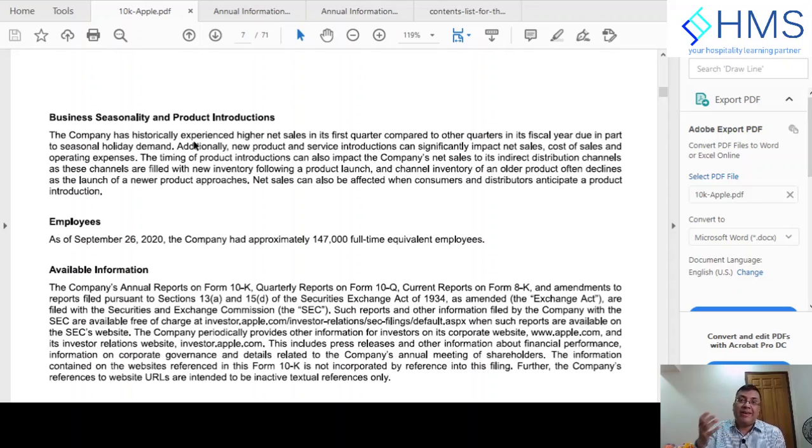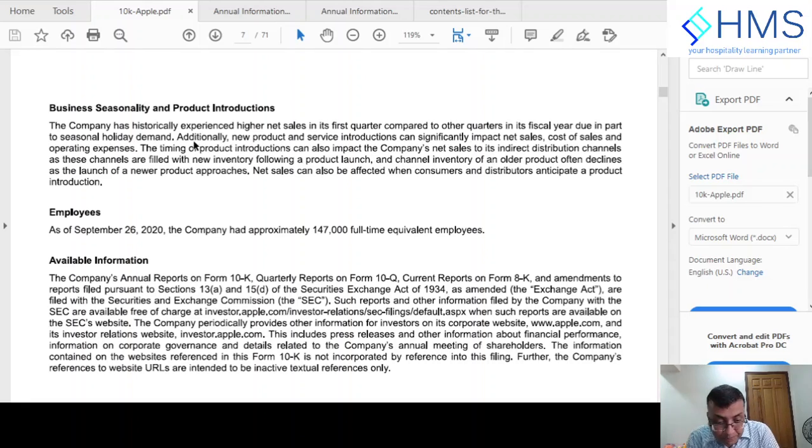So you can try to imagine the company's products in the last quarter and in the first quarter of the calendar year should be strongest, because it's the time when you have a new product launch and also the festive seasons. In the second quarter, the sales may drop, and in the third quarter the sales can drop further. That is the way you can look at it, because you are anticipating the new models.